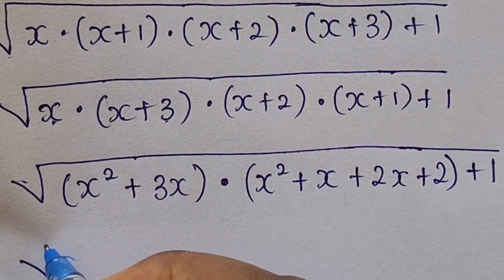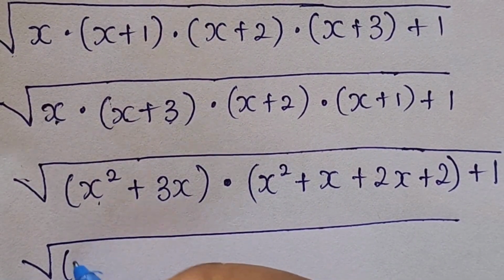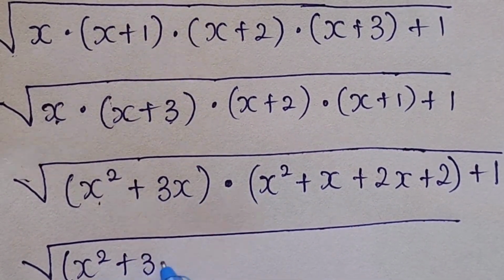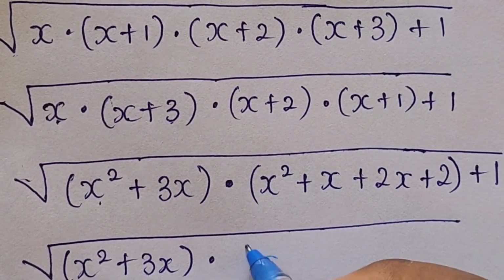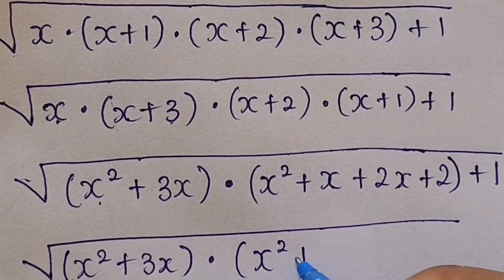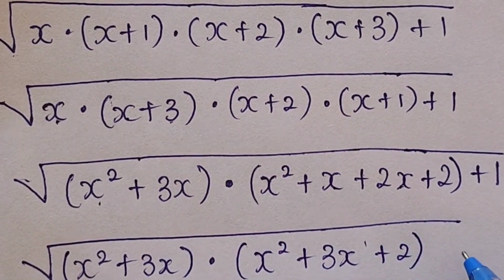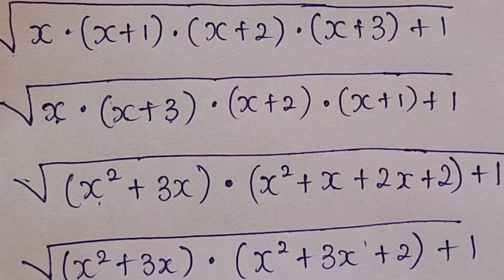So this will give us x squared plus 3x, times x squared plus 3x plus 2, and we have plus 1.